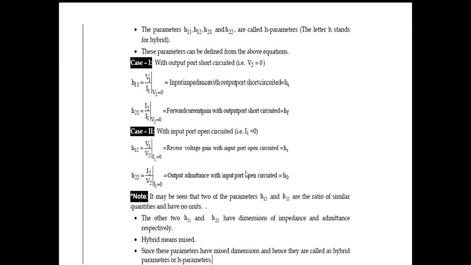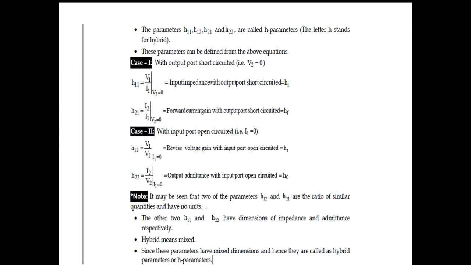Hybrid means mixed. So of the four parameters, H11 is input impedance, H21 is forward current gain, H12 is reverse voltage gain, H22 is output admittance.